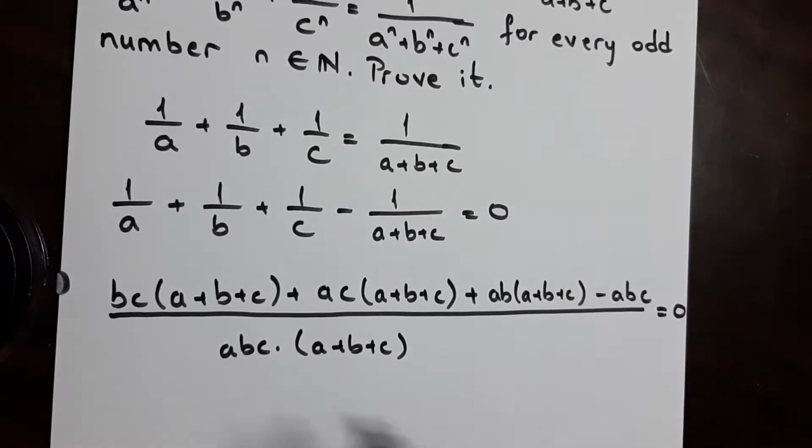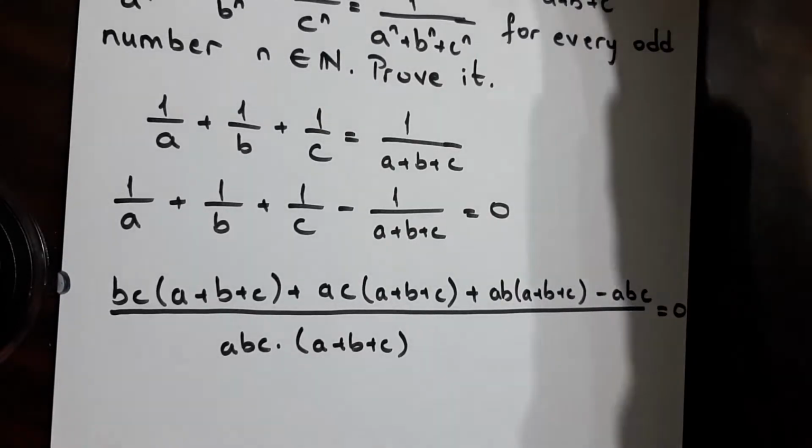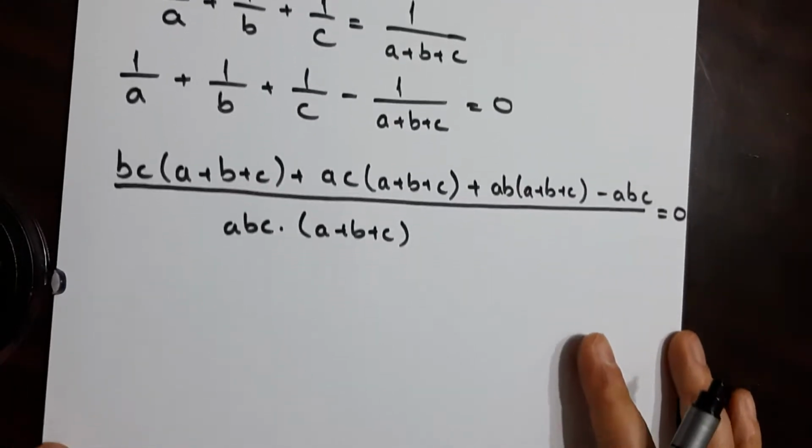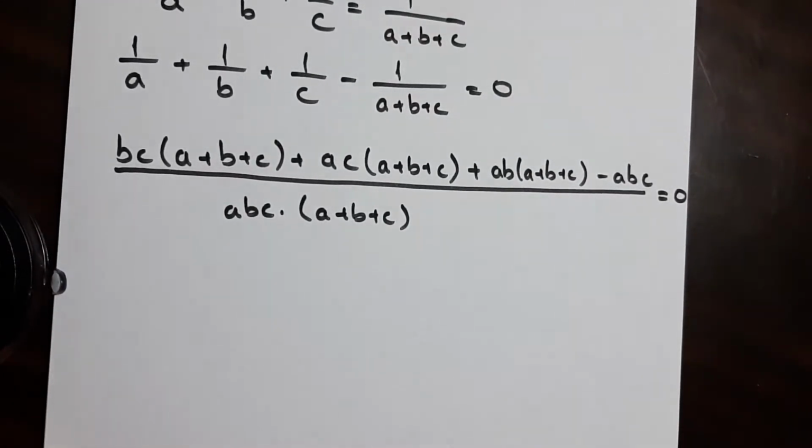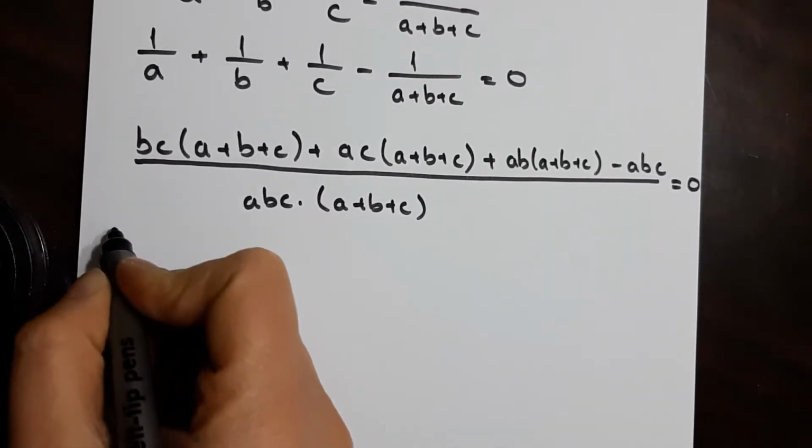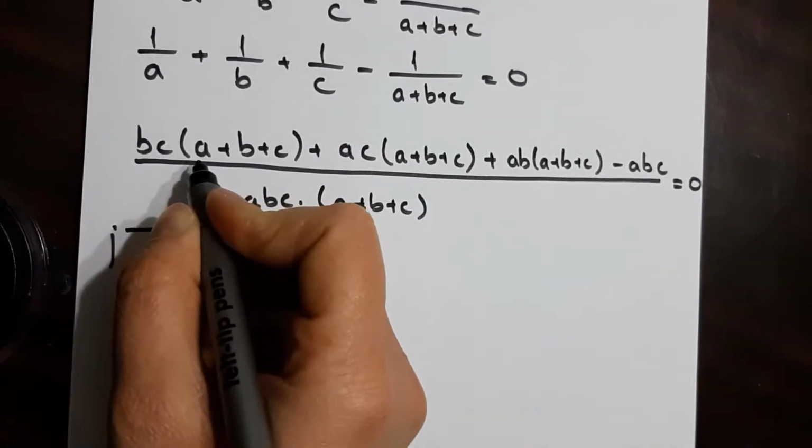Now I will take only the numerator to make some factorizations here. Let me write here. I will multiply one by one.